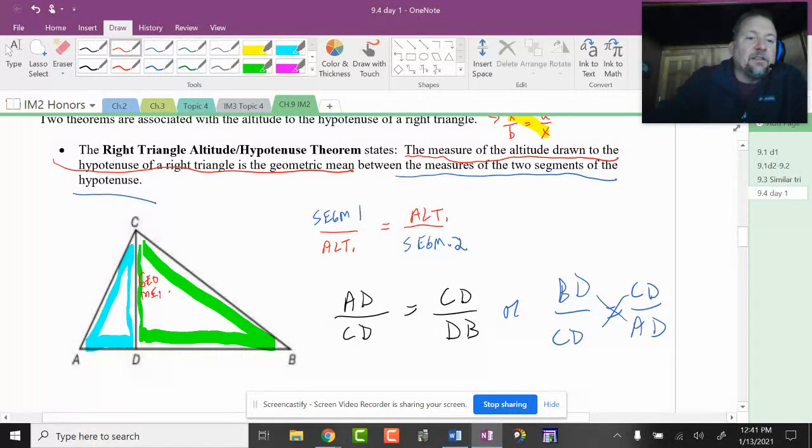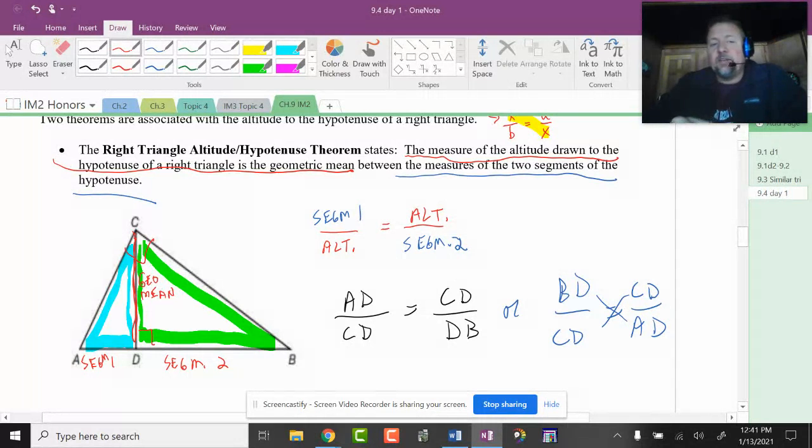You will see this in the geometric mean position that I just covered. By the way, what this drawing is missing is the right angles. And it's the geometric mean between the two segments of the hypotenuse of the big triangle. So we'll do segment 1 and segment 2.